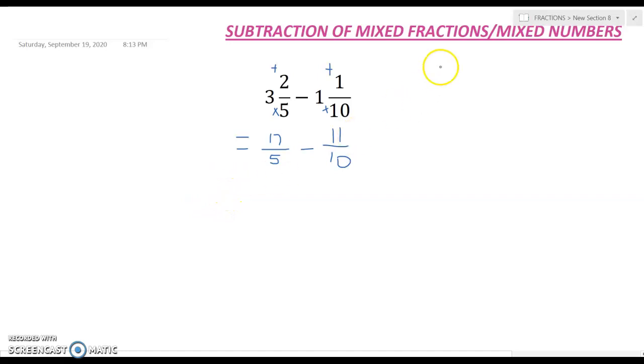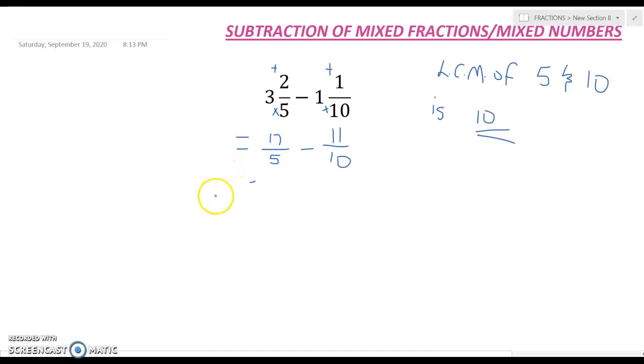So now, we're going to find the LCM of 5 and 10. When you work it out, you're going to get the LCM is 10, right? So now, similarly, let's make the fractions with the common denominator of 10.